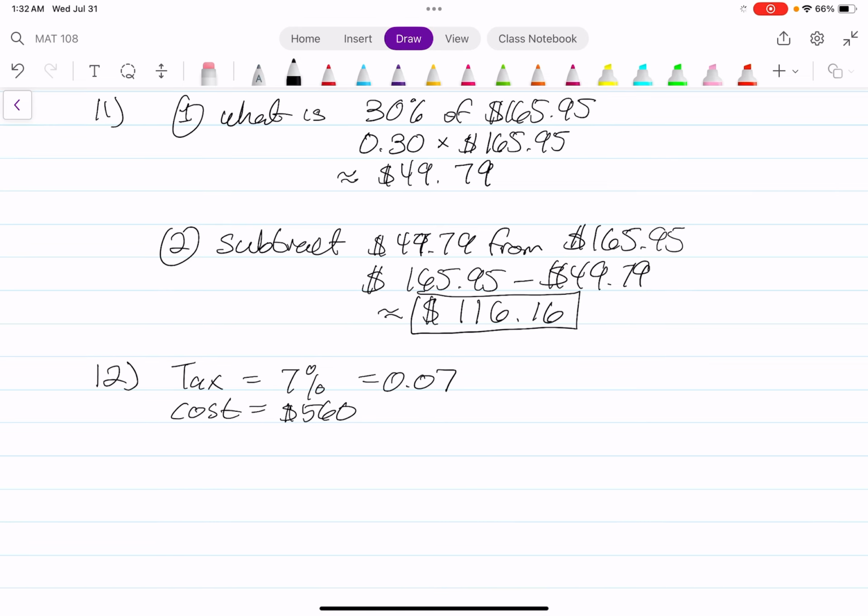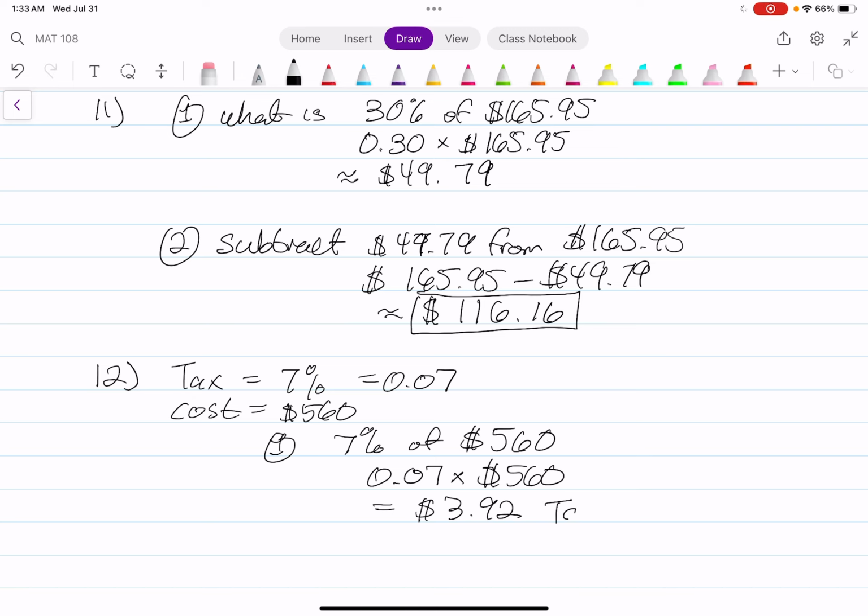So step number 1, you're going to find 7% of $560. So let's do that. 7% is 0.07, and that's times $560. And I kind of know this one by heart already because these numbers are familiar to me. This is going to equal $3.92. So the tax is $3.92.